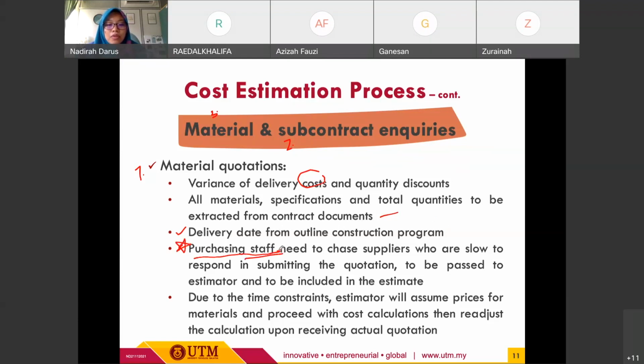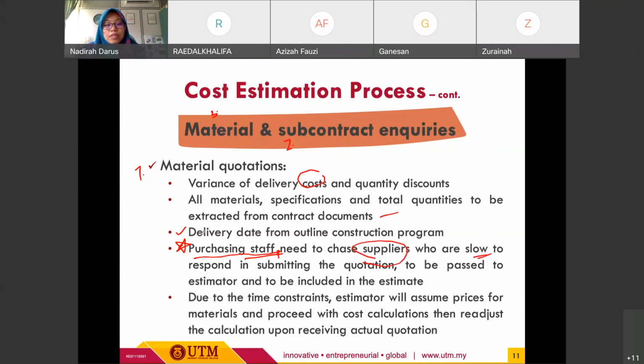Most organizations will have this purchasing staff for the purpose of obtaining the material quotation. So they need to chase the related suppliers, who are slow, because in some situations there are certain cases where there is some delay by the supplier in providing the quotation regarding the material.